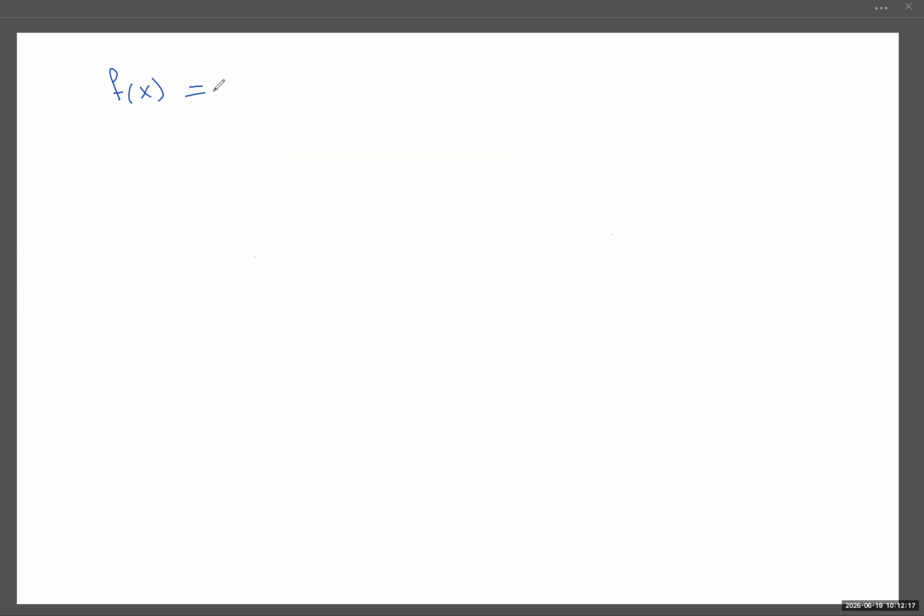f of x equals 9x plus 3 divided by x squared plus 7. We'll start with vertical asymptotes. Vertical asymptotes, take the denominator x squared plus 7, set it equal to 0. Now x squared equals negative 7.